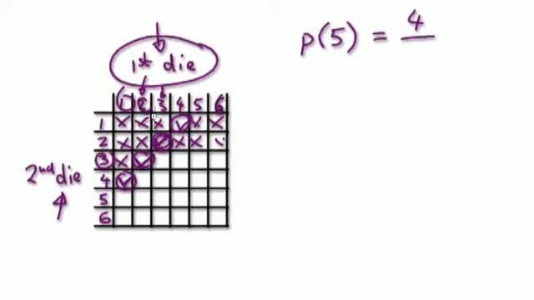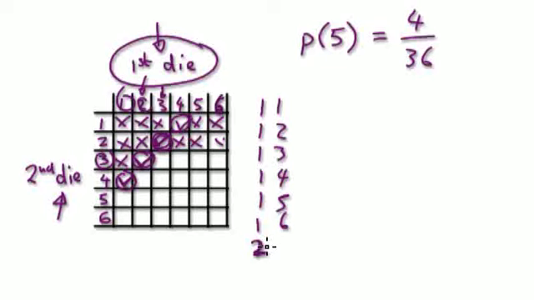Well, don't forget that there are 36 possible outcomes, because if you think about it, you can get a 1 and a 1, you can get a 1 and a 2, you can get a 1 and a 3, a 1 and a 4, a 1 and a 5, a 1 and a 6, a 2 and a 1, a 2 and a 2, and so on.